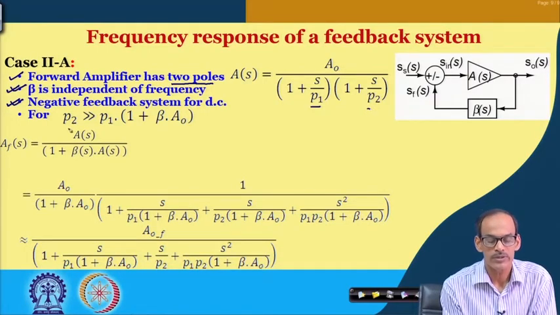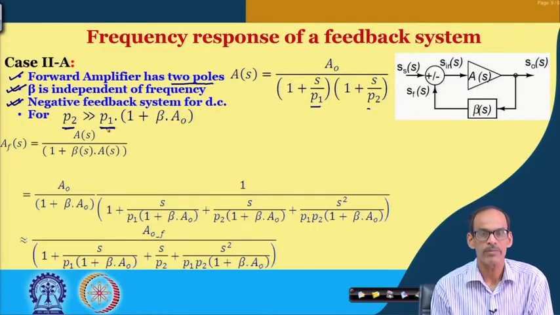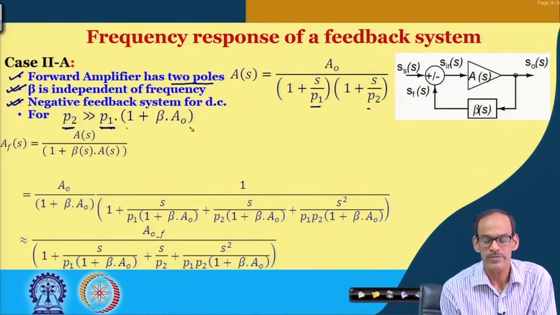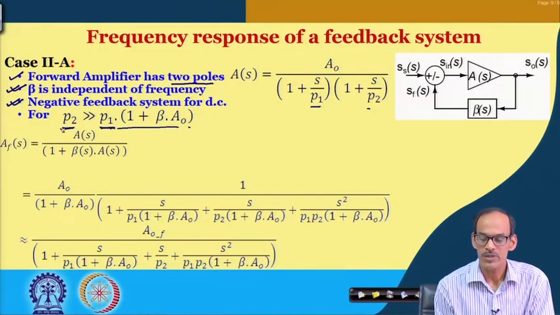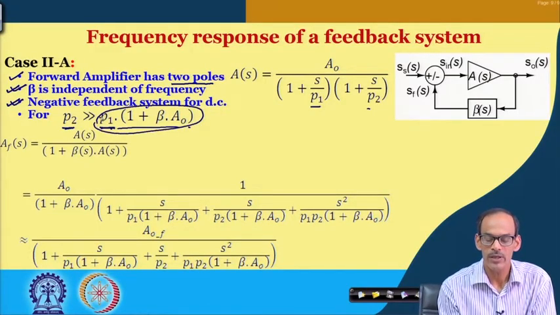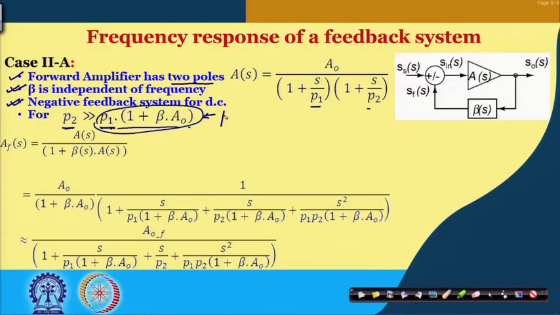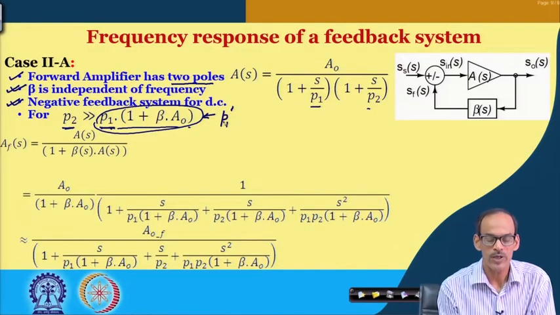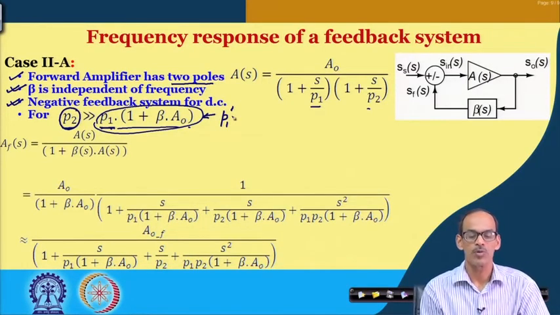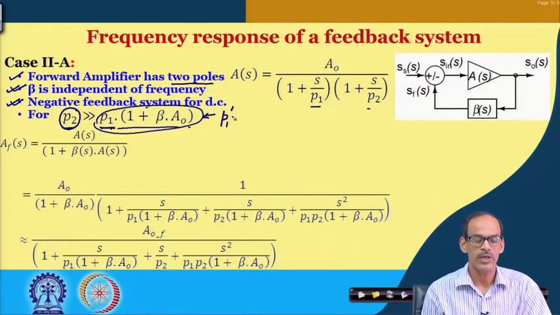The location of P 2 is not only much higher than P 1 in magnitude, but let us consider P 1 multiplied by 1 plus beta naught into A naught is also lower than P 2, which means that we are expecting P 1 will be getting shifted by this factor, and probably this will be the shifted version of P 1. Then we consider the case where P 2 is even beyond this location of the pole. Then we can try to see what may be the situation for P 2.